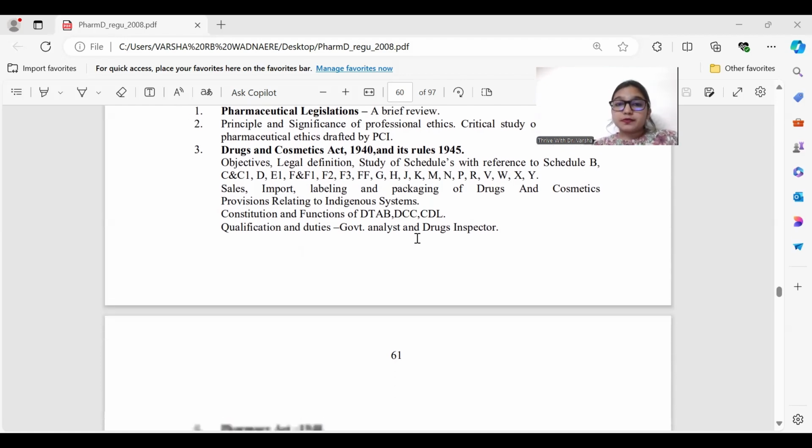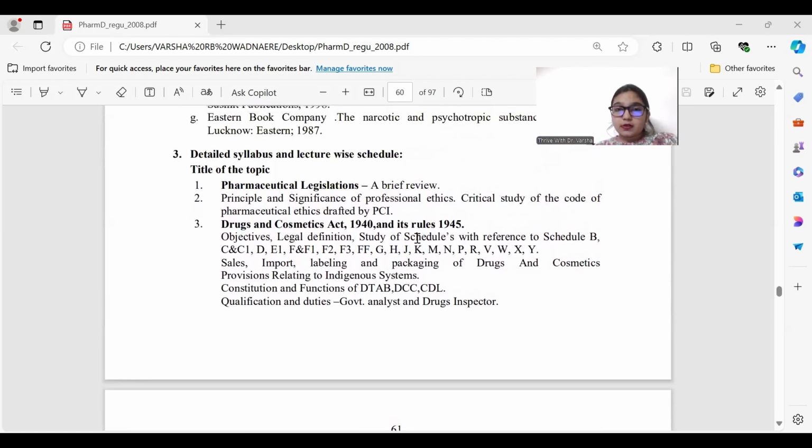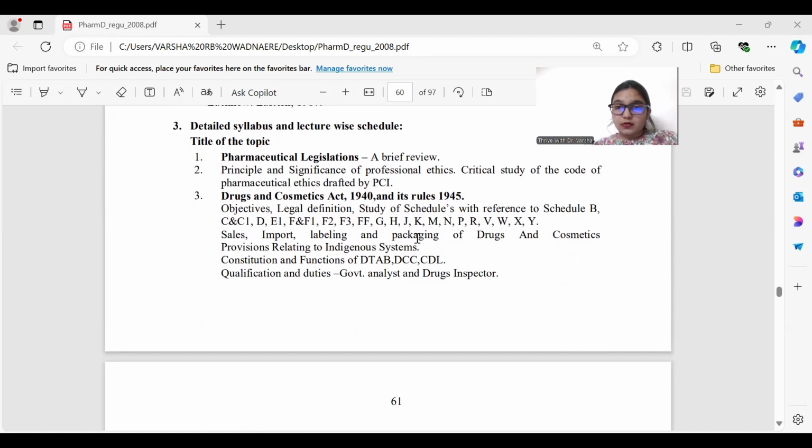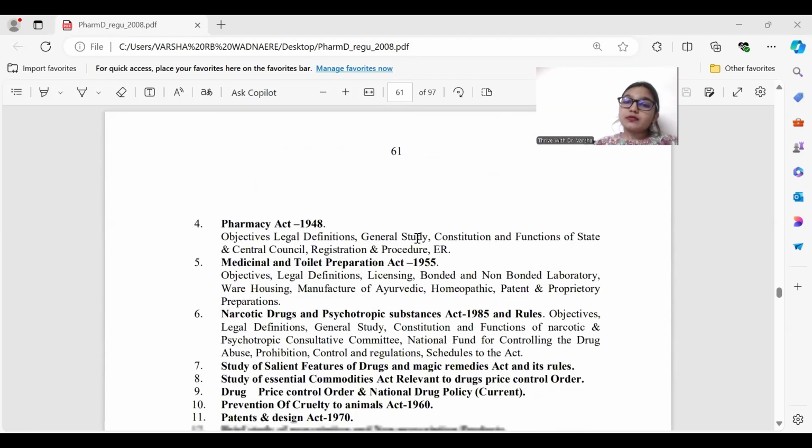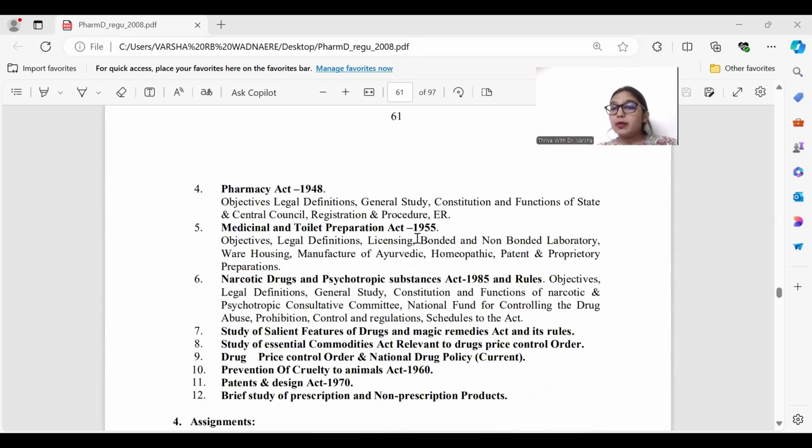Now, if you work in any kind of industry, you should know what these laws are, how the pricing is done for a drug, and under which law it is coming. Are there any malpractices you are observing within your working area?